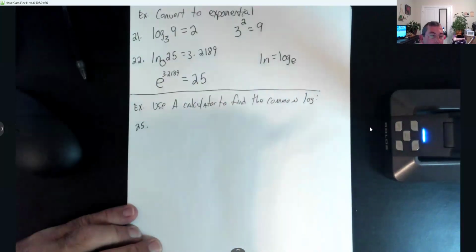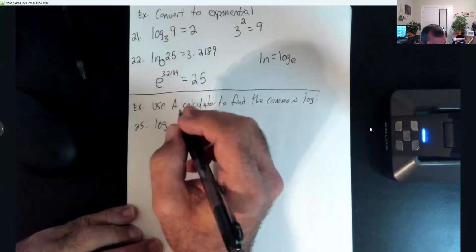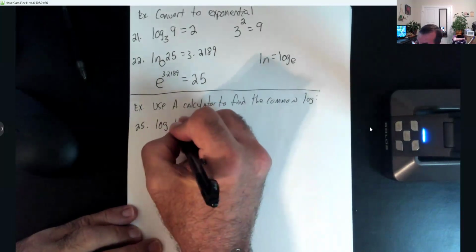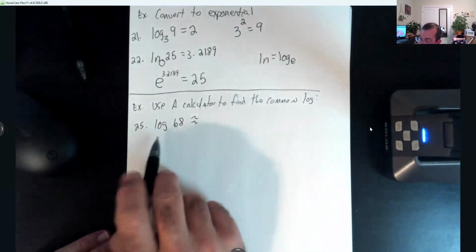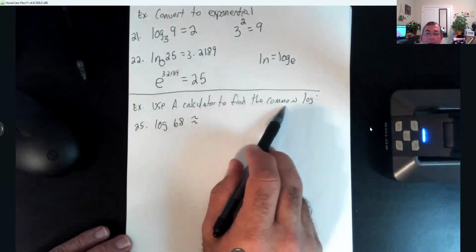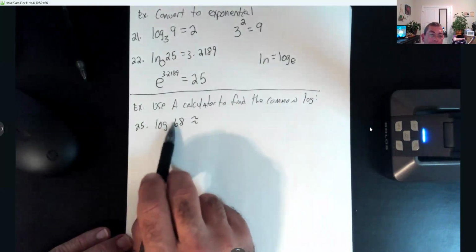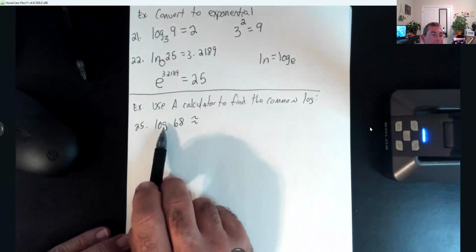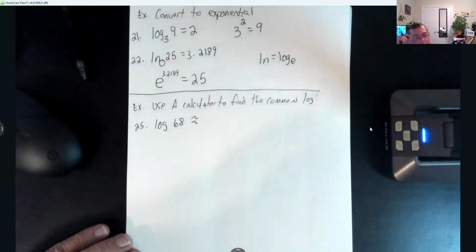I want one of y'all to round this one off to 4 decimal places and do me a log of 68. Now, this is a common log, which is a log base 10. So you can use the log on front of the calculator by the 7. So just punch in a log 68 on front of that and get me a decimal approximation.